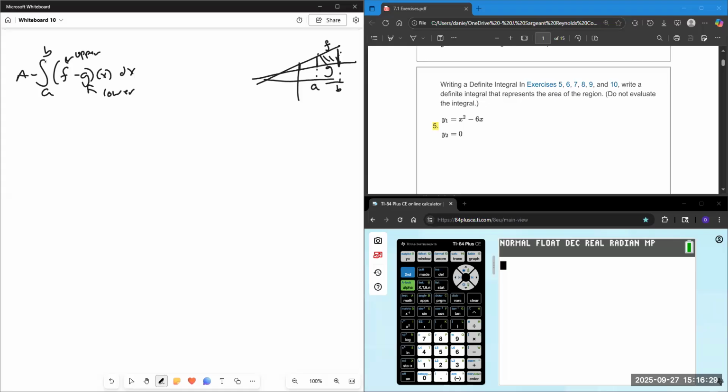If it's easier for some reason for me to integrate with respect to y, I'll go c to d of f minus g of y dy. In that situation, I'd have something possibly that looked like this.